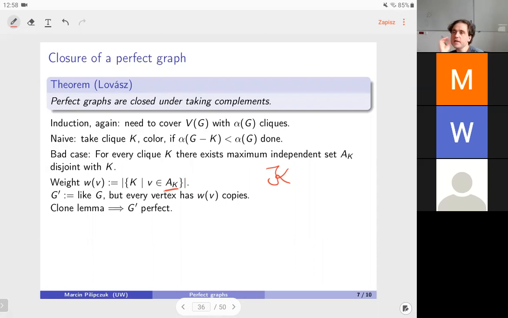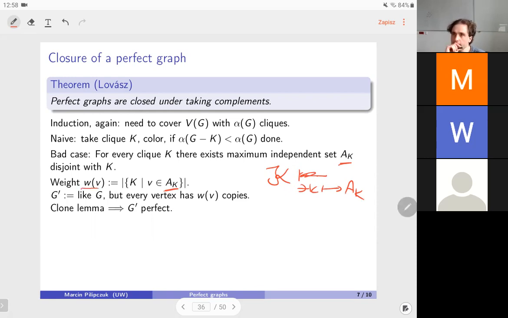To every clique, you associate this maximum independent set A_K, and now every vertex counts in how many A_K's it is, and this is the weight of the vertex.